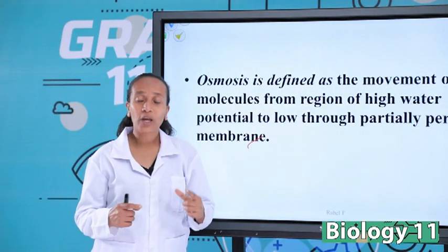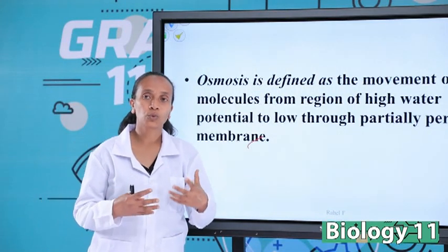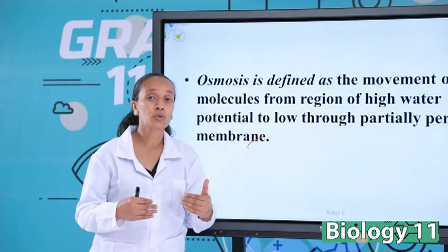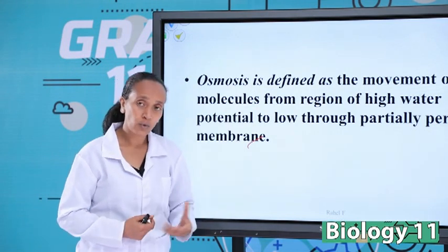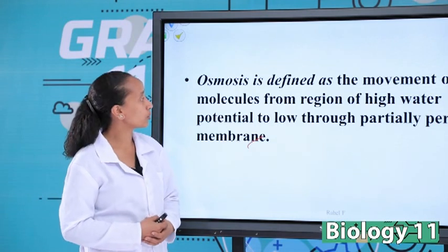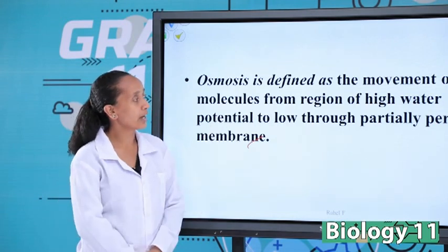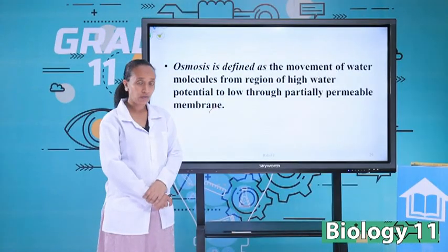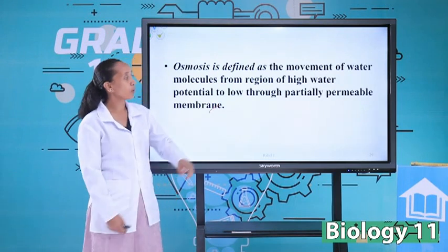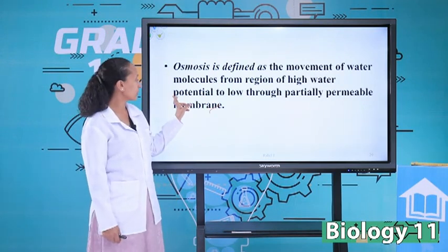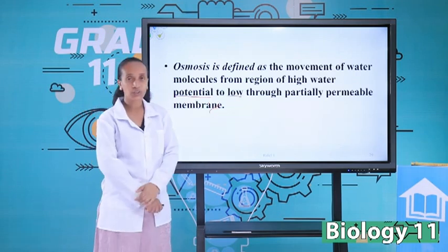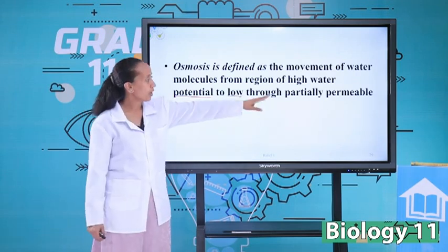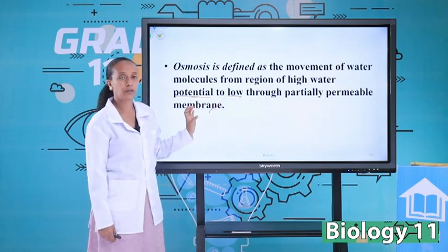Therefore, by now we have the ground to define osmosis in terms of water potential. Osmosis is defined as the movement of water molecules from a region of high water potential to a region of low water potential through a partially permeable membrane.